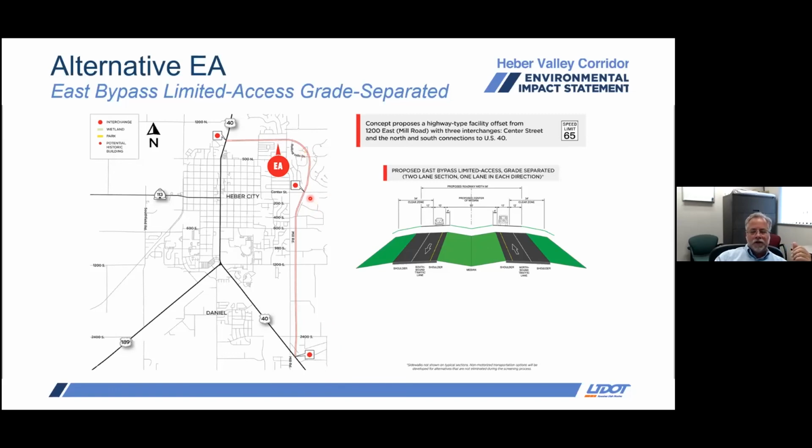South of Center Street, this alternative would parallel 1200 East. It would be a separate alignment from 1200 East, but would parallel. Preliminarily, it appears that this alternative would just need to be one lane in each direction, and that would be sufficient for this entire route.